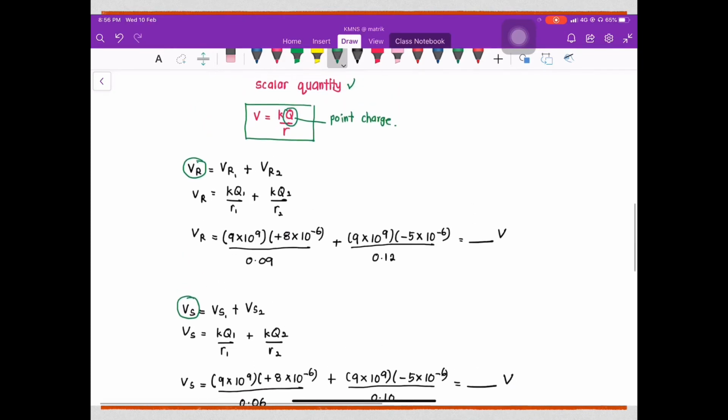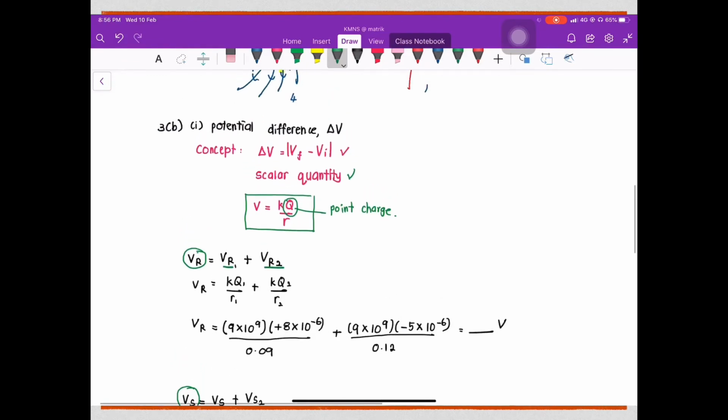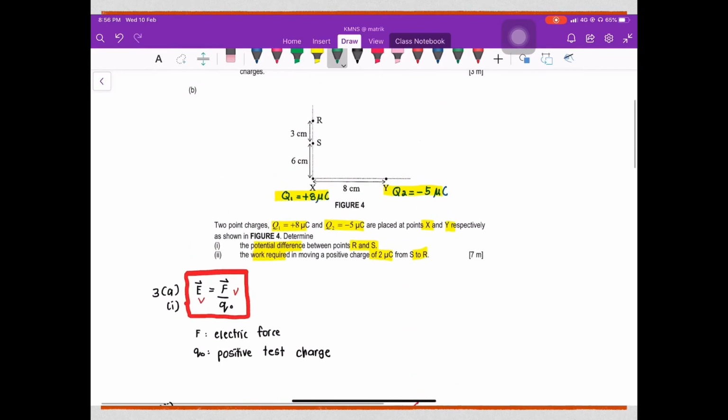Alright. Okay, how? So VR1 and VR2 mean we need to calculate the electric potential from Q1, R1 to Q1. Okay, this is VR1. And then R to Q2. This is VR2.